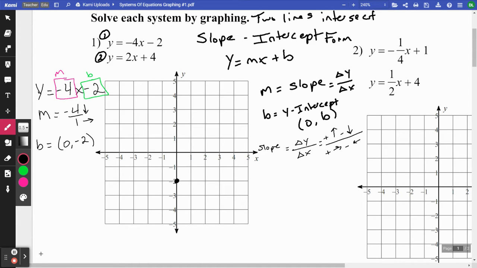Negative 4 over 1 is negative 4, but 4 over negative 1 is negative 4 as well. And this says that I go up 4 and to the left 1. So I'm going to go up 1, 2, 3, 4. To the left 1. That's right here.